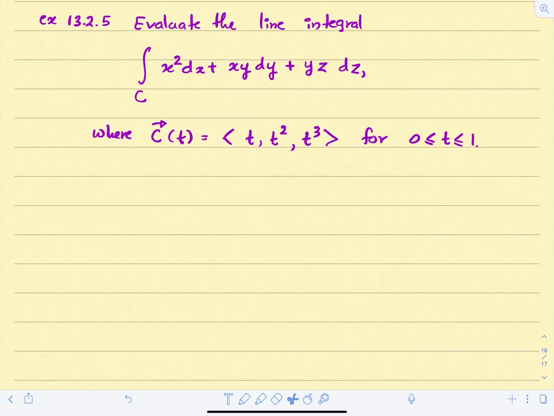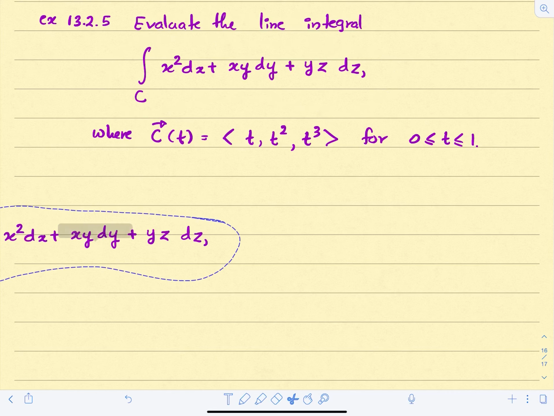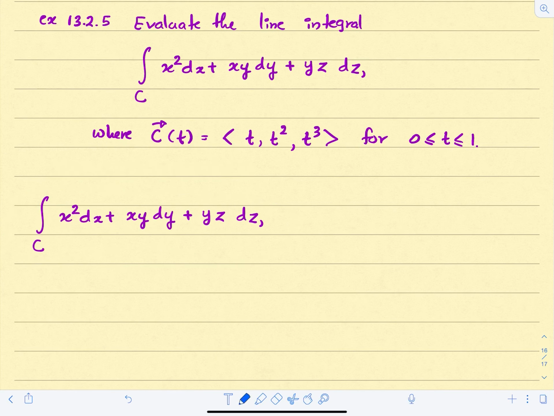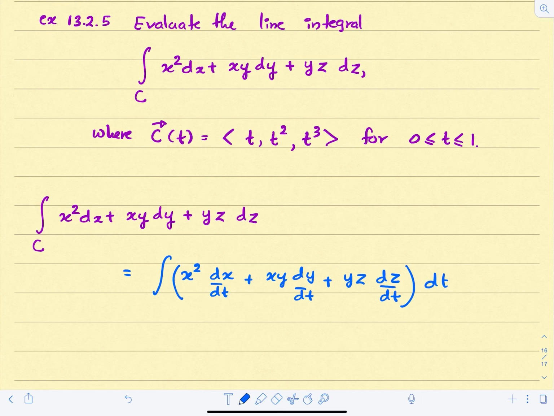Basically now we know that this differential form can be written in the following way. So we have x squared dx over dt plus xy times dy over dt plus yz times dz over dt, times dt, and t goes from 0 to 1.